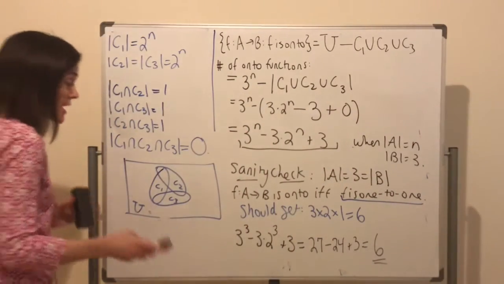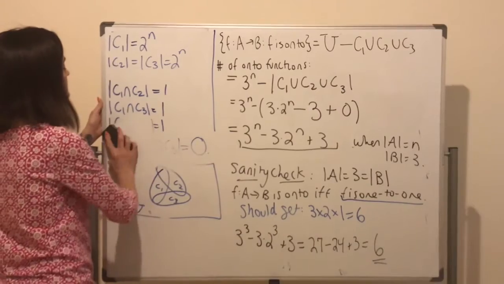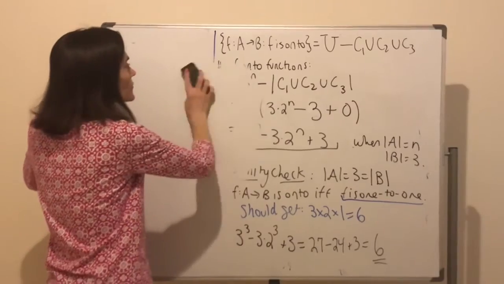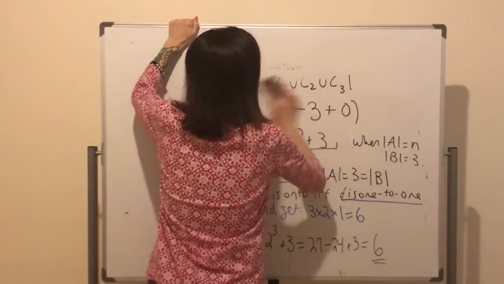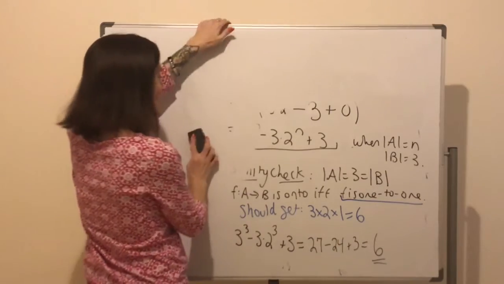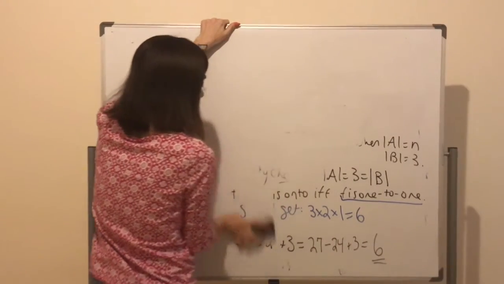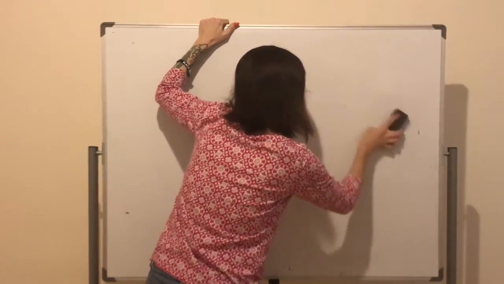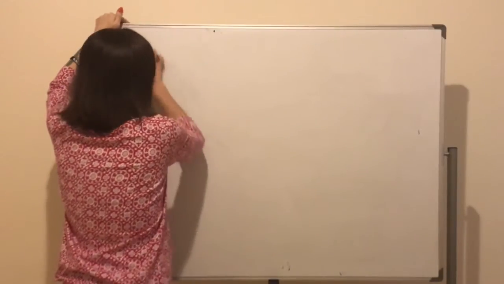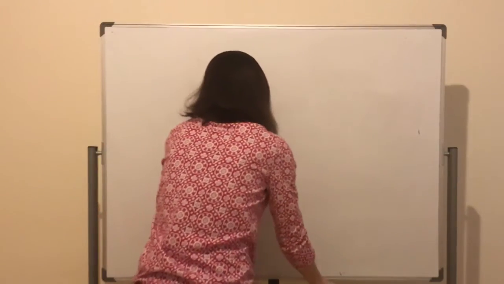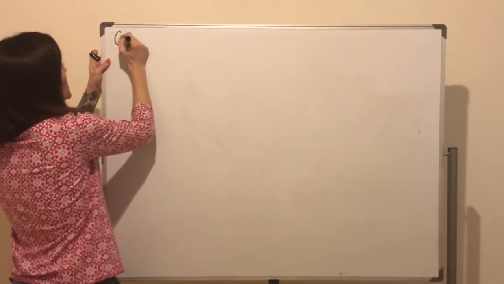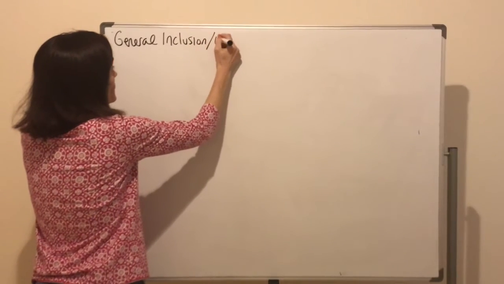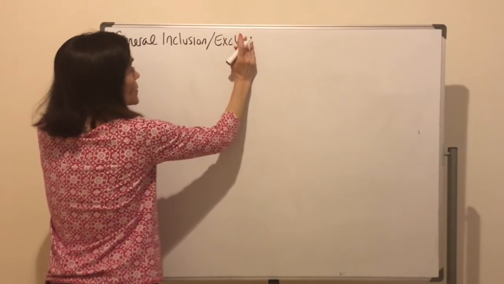Now, let's discuss general inclusion, exclusion. And we will discuss the formula for general onto functions whenever the cardinality of A is bigger than or equal to the cardinality of B. If we have the general, let's mention it now, inclusion, exclusion principle, and then we will use it.